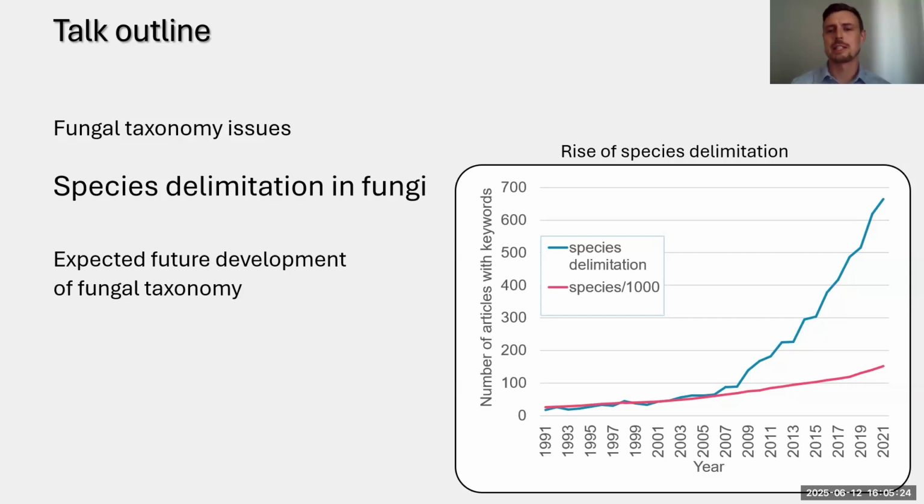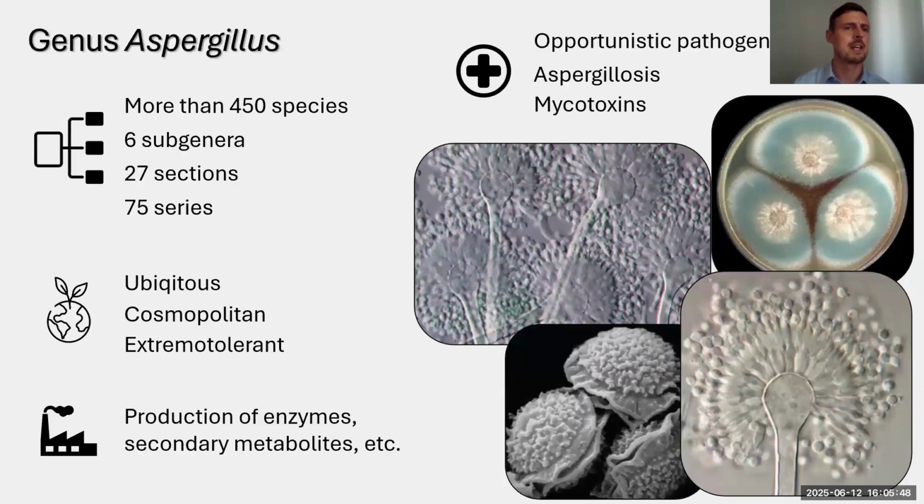But here you can see specifically that in comparison with articles containing just the key term species, the articles focusing on species delimitation or using species delimitation methods are growing much faster. So this is just to show you that this is an interesting topic.